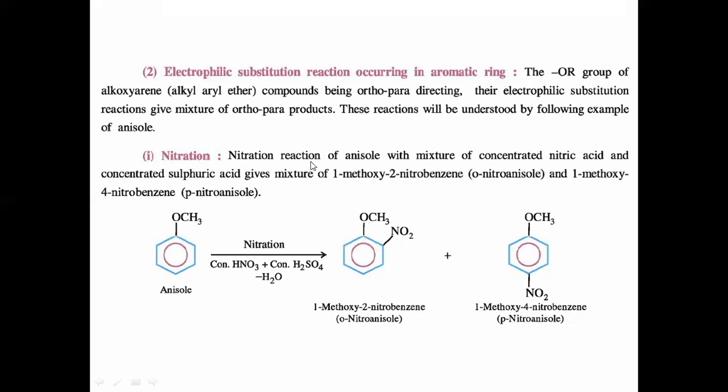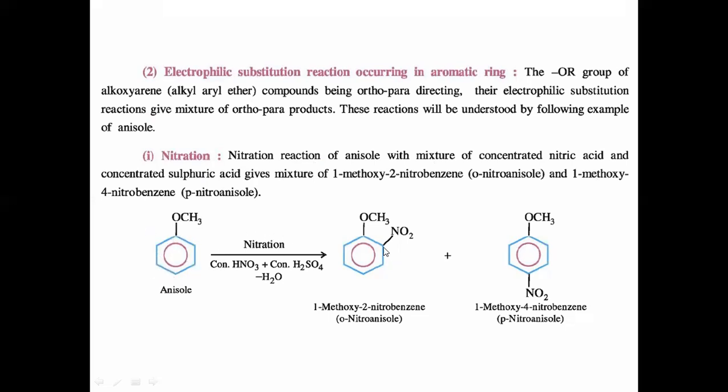Nitration. The nitration reaction of anisole with a mixture of concentrated nitric acid and concentrated sulfuric acid gives a mixture of 1-methoxy-2-nitrobenzene, that is ortho-nitroanisole, and 1-methoxy-4-nitrobenzene, that is para-nitroanisole. So anisole means, you know, benzene with OCH3.